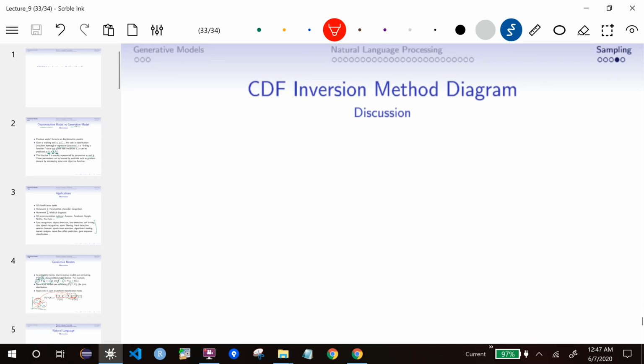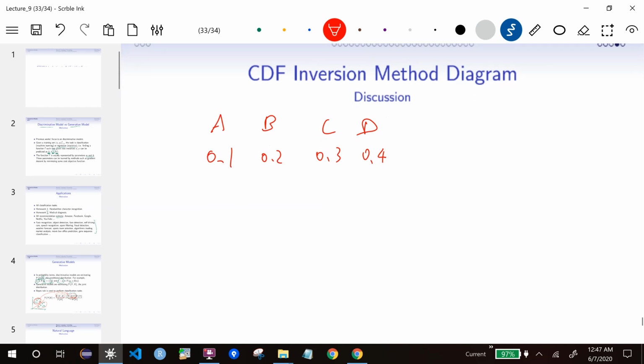So maybe let's have an example. Suppose there are, say, four words, A, B, C, D, and A is 0.1, B is 0.2, C is 0.3, and D is 0.4, so they sum up to 1. What this means is, suppose we have our current word already, and this is just one single row of our transition matrix.